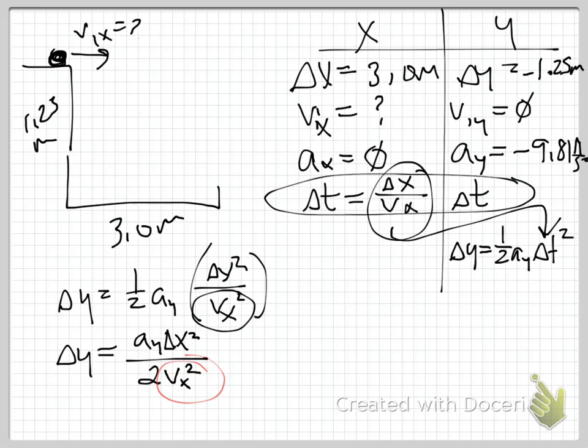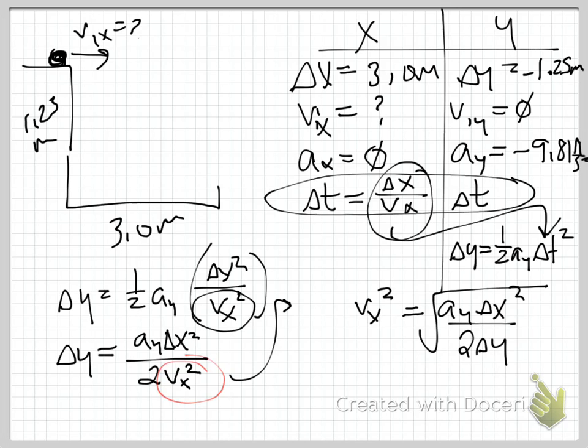Okay. So 2 delta y Vx squared equals a sub y delta x squared. Okay, and I can divide everything by that, take the square root, and we're good.